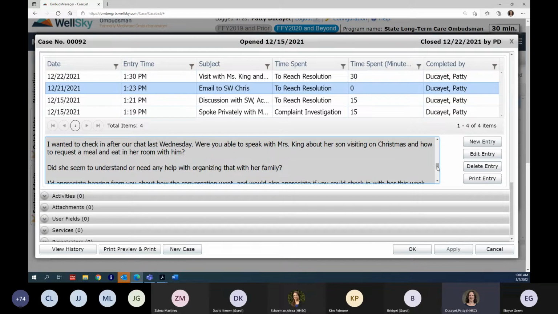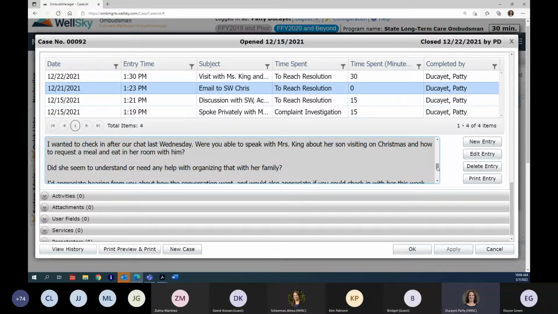I do tend to include emails into my case records, and I see a lot of you doing that, and I encourage you to do it. Make sure that you either describe that email at the top of the journal entry and in the subject line, or if the subject line is sufficient, you can use that to describe it.